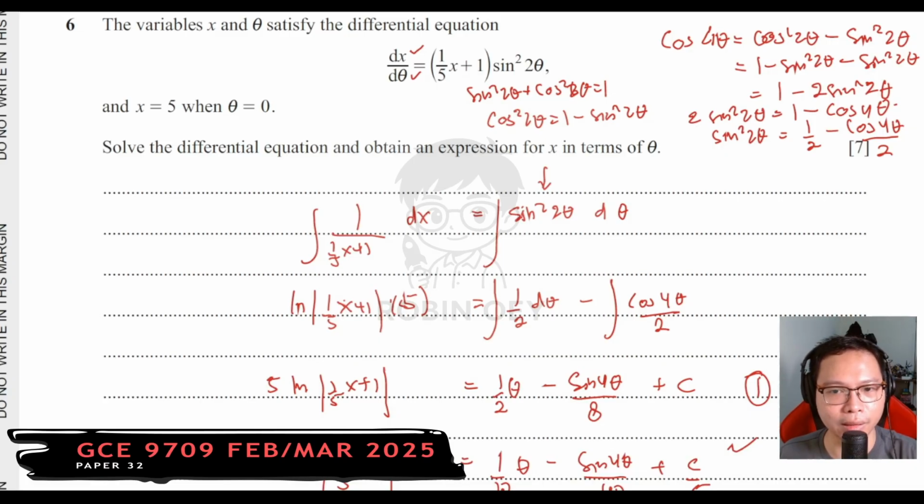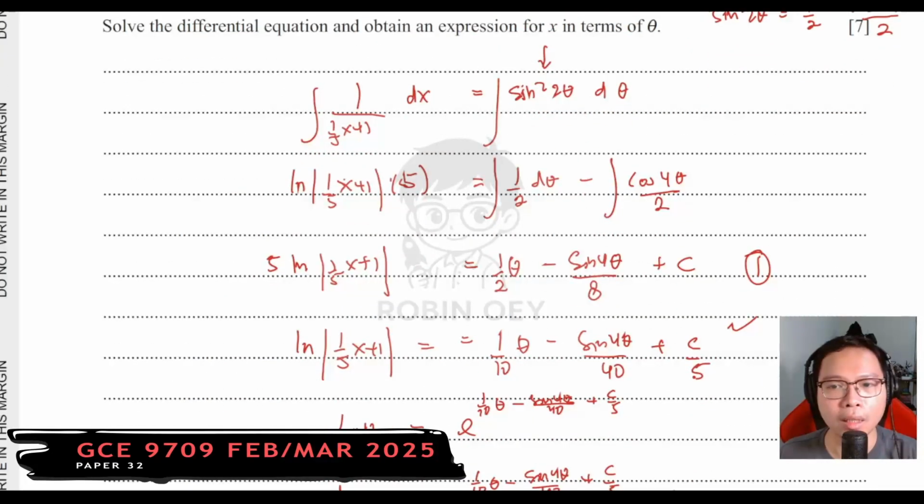In this case, sine square, I will change into the double angle form of cos 4 theta. If here is 2 theta, then the double angle form will be 4 theta. If here is 3 theta, then it would be 6 theta, following whatever the squared expression is. After we got that, we separate and integrate one by one.